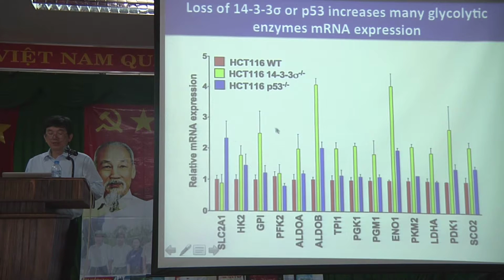You can see that the loss of 14-3-3 sigma and the loss of p53 affect the different enzymes along the glycolytic pathway in different ways.